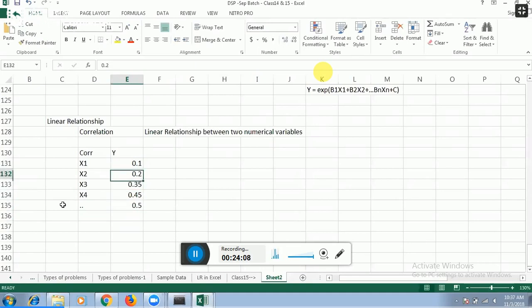Some variables are not having a strong linear relationship, some are. The typical cutoff we take is 0.1 and above. At least some linear relationship you should have. If it is less than 0.1, it's almost close to zero, meaning there is no linear relationship. Even 0.2 may not be a very significant linear relationship.